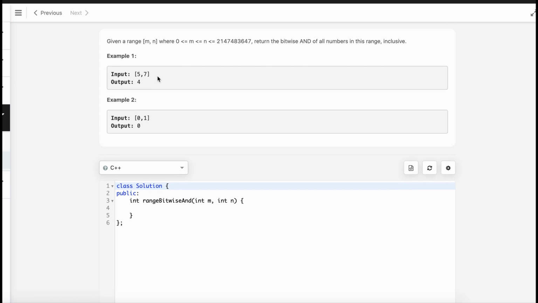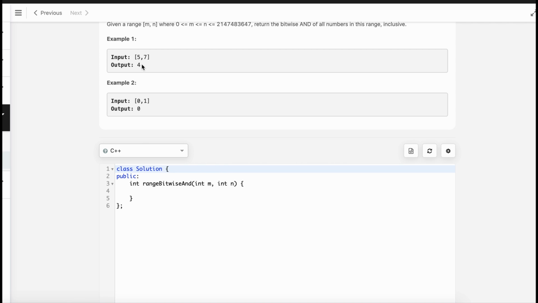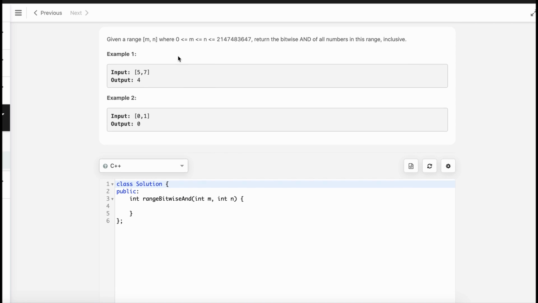Well, for the range 5 to 7, the output is 4. Bitwise AND of all numbers.